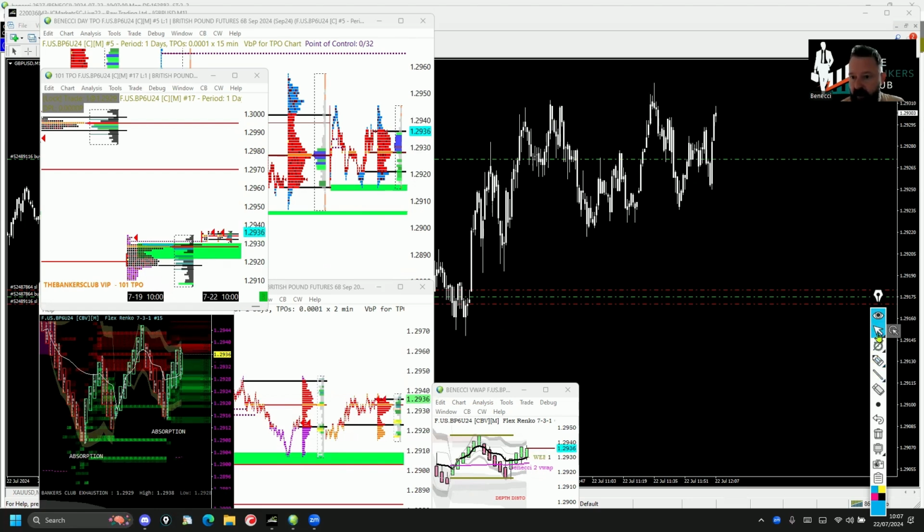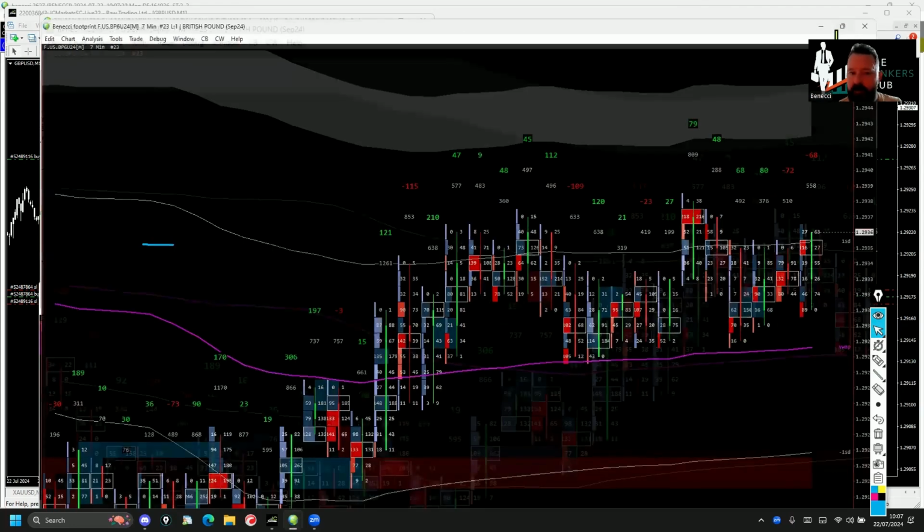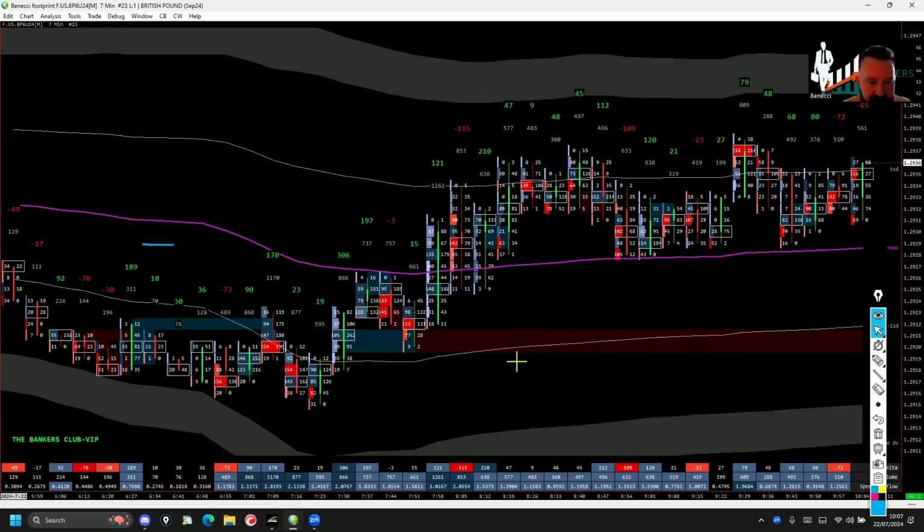Also, if I drag over from one of my other screens the footprint chart, you can see this morning in Frankfurt we had the majority of buying taking place into the area of interest.